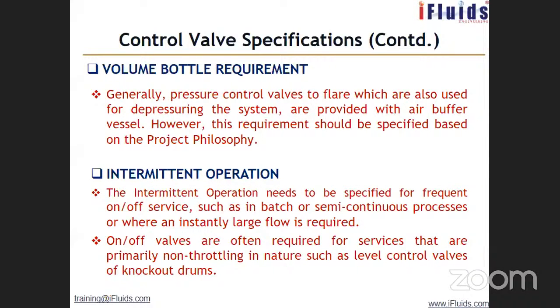Such knocked out little liquid droplets will fall down and slowly collect in the vessel. In such cases, there is no big buildup of liquid in the vessel bottom, so there is a level control in the vessel also.